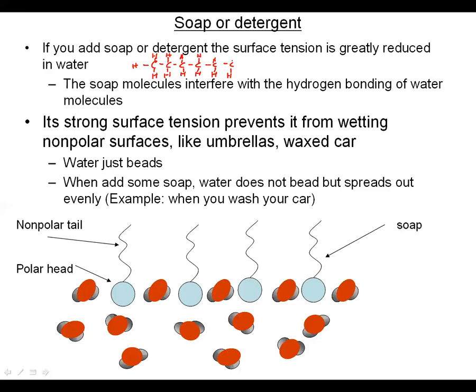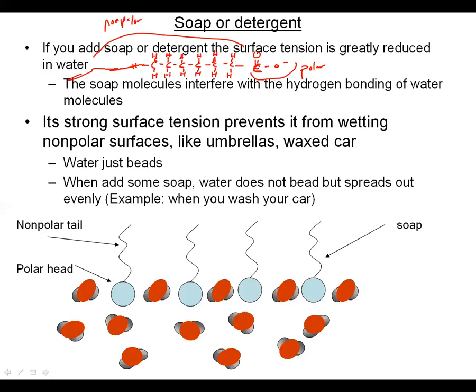It actually just goes and goes and goes. And at one end, it also has this group here, which is kind of like a carboxylic acid. It's an organic group, and this part of soap is polar. The back part of soap, which is sometimes referred to as the tail, is nonpolar, and the front part, which is the head, is polar.